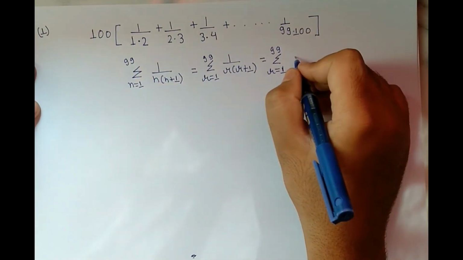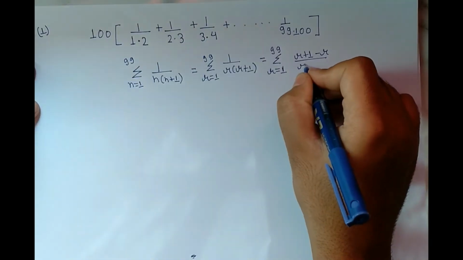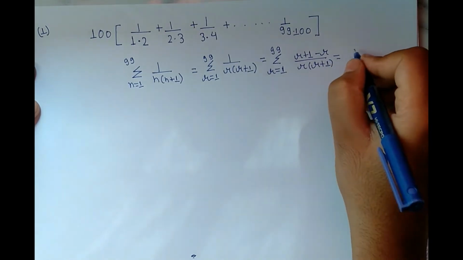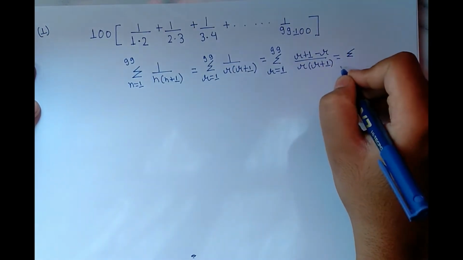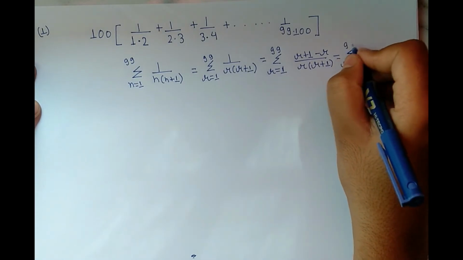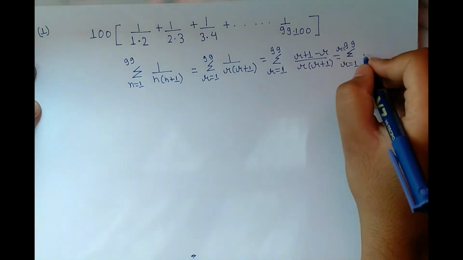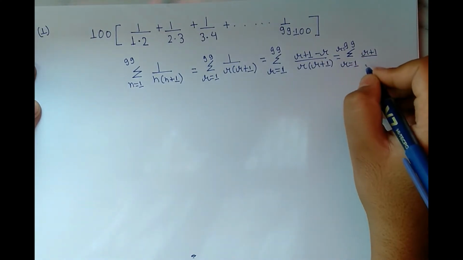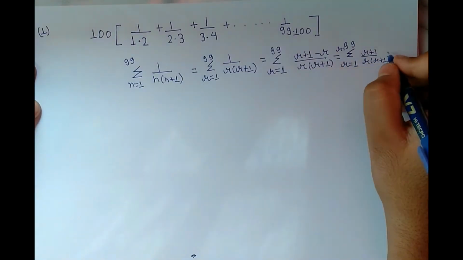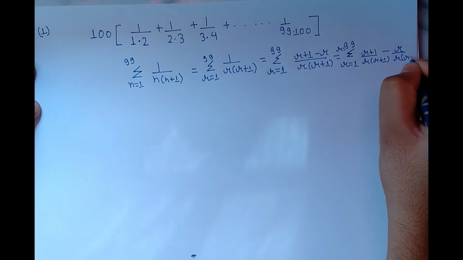I can write 1 as r plus 1 minus r, divided by r into r plus 1, which on further simplification gives us sigma r is equal to 1 to 99, r plus 1 divided by r into r plus 1, just separating these fractions, minus r divided by r into r plus 1.